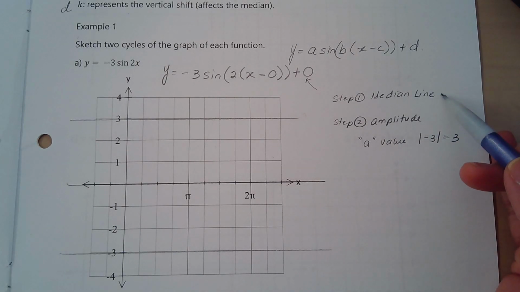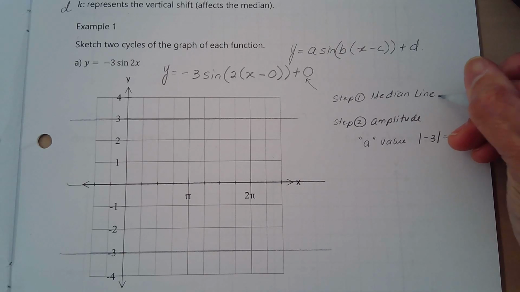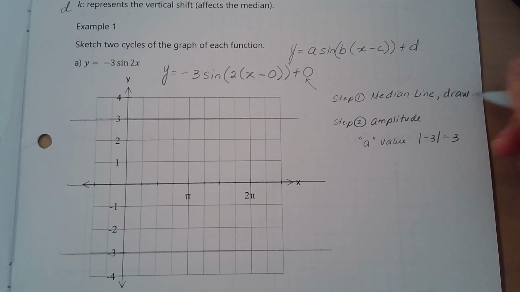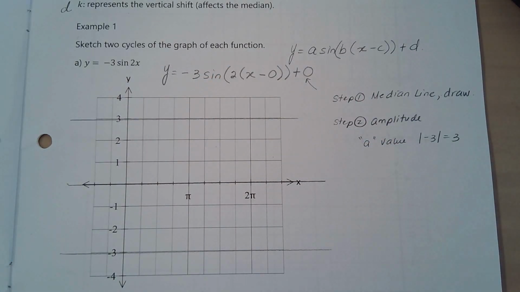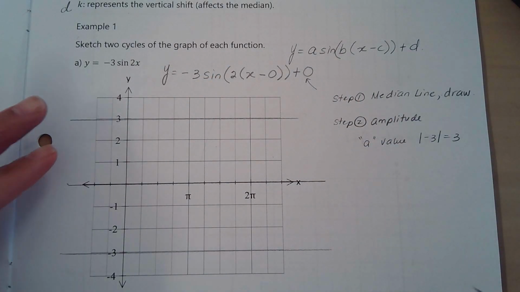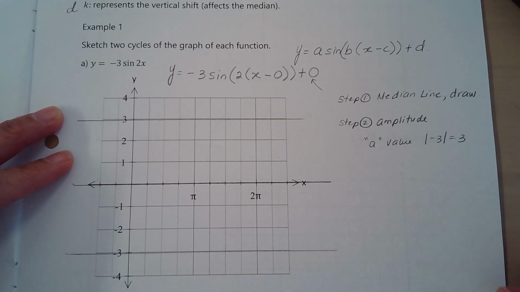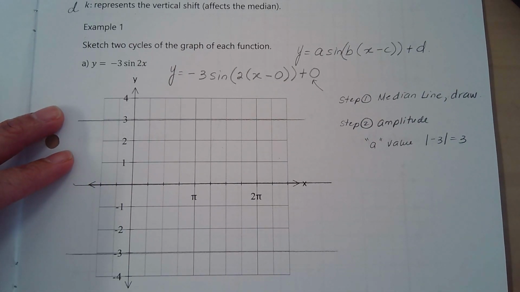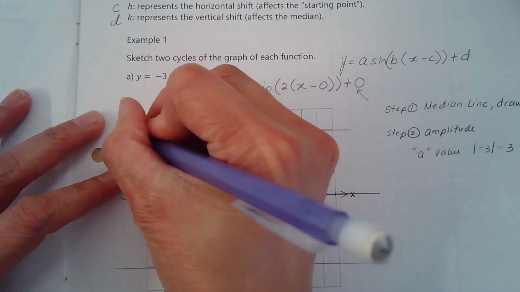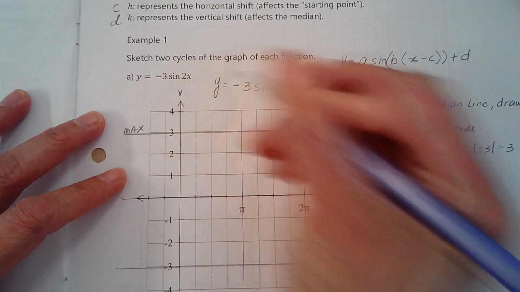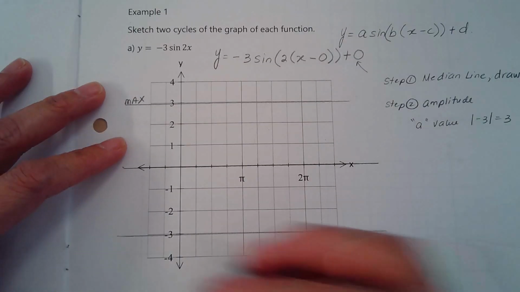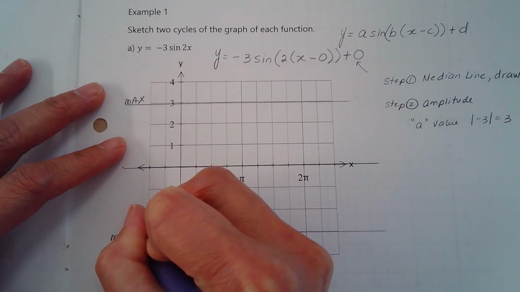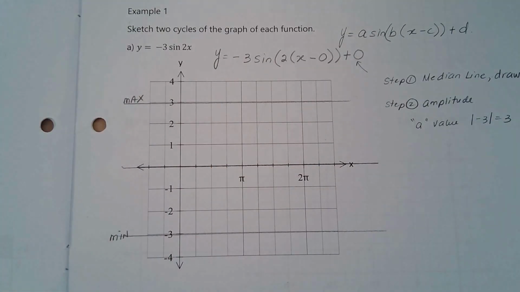Step 1, draw your median line. Then we're going to figure out the amplitude, and then how far up and how far down we need to go. Now, what's our maximum? Our maximum will go as far up as 3. And what's our minimum? Our minimum will go as far down as -3.